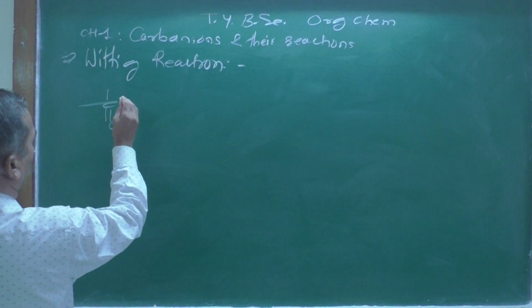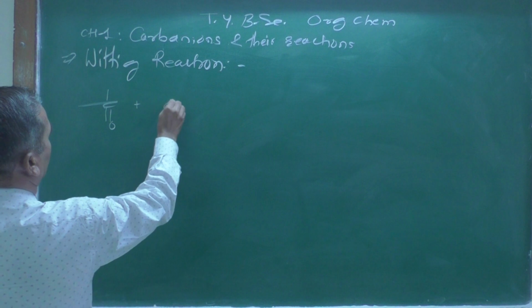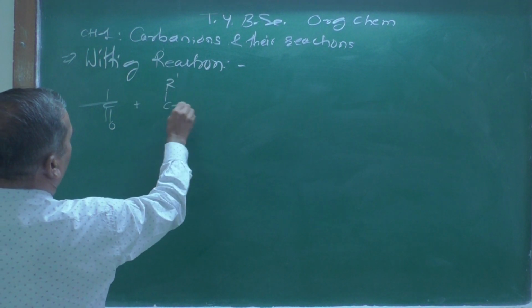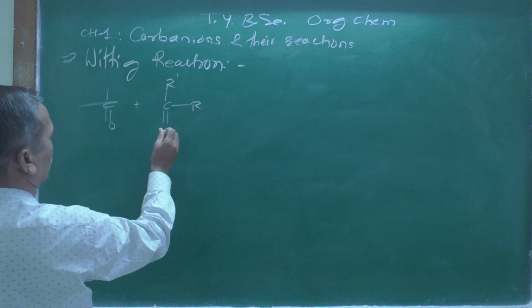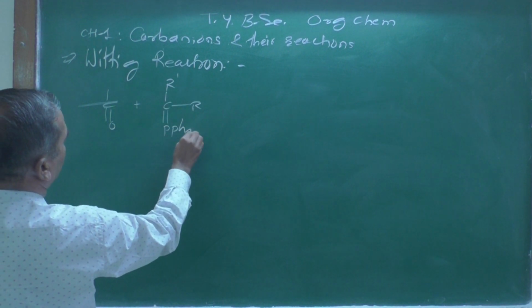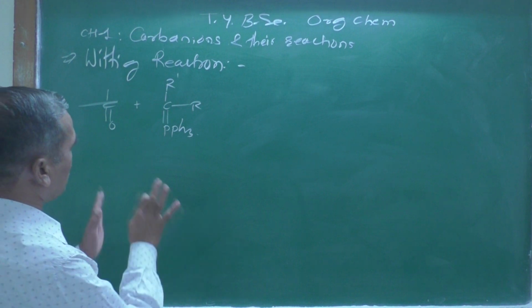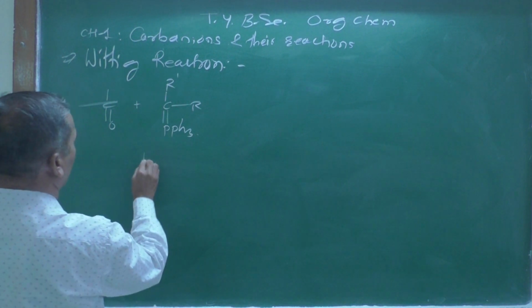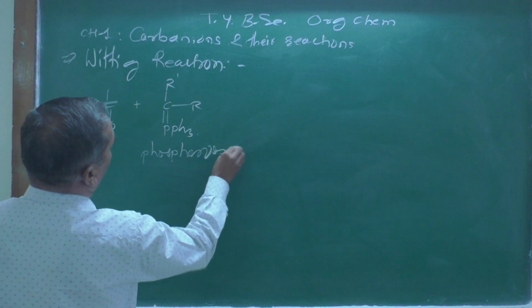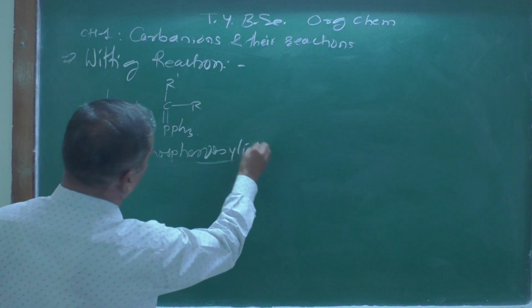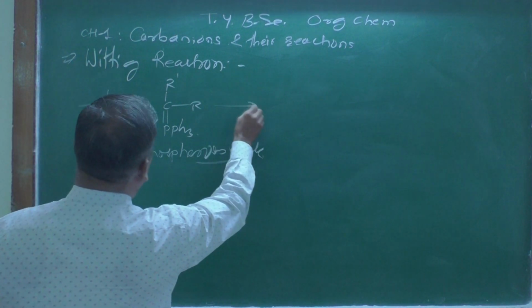In general, a C double bond O carbonyl group is there, and suppose there is a Wittig reagent with R and R, then a double bond to PPh3, like this. This type of compound is called a phosphorus ylide. That is the specific name of this. What is going to happen?